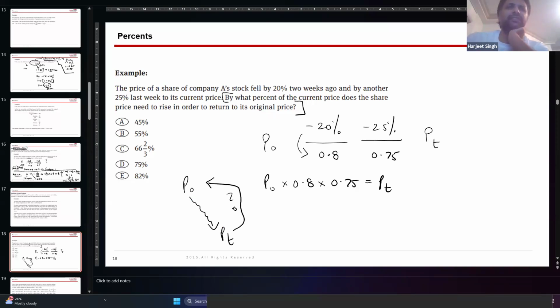The construction is opposite, because here we were talking about falling, but now we are talking about rising. Flip the question, which means we need to express P0 in terms of PT. So P0 equals PT divided by 0.8 divided by 0.75.